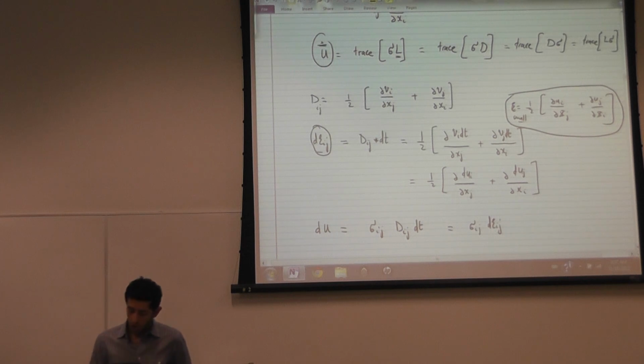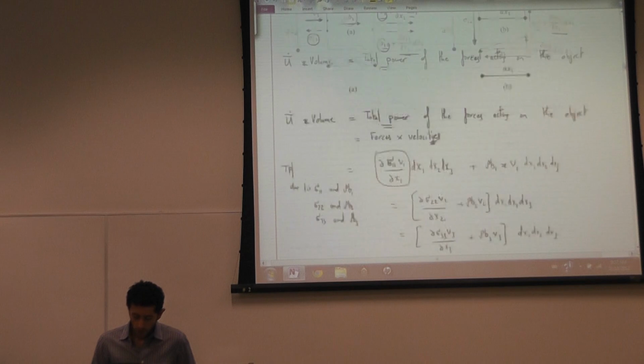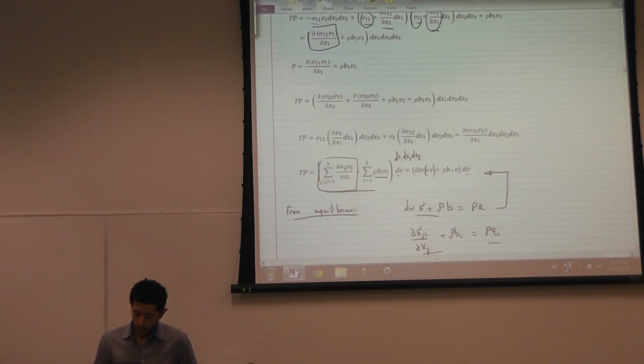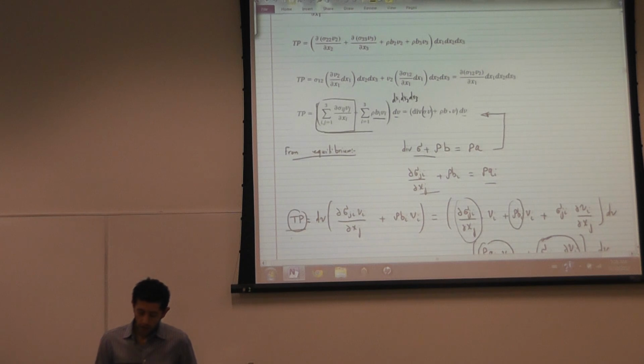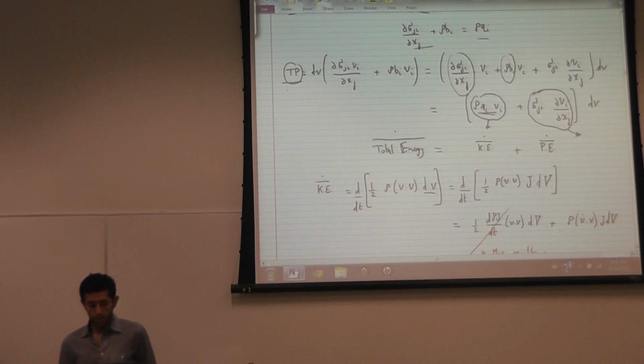That the internal energy... so let's just go back and see what we started from. We found the total power acting on this object, and we utilized a lot of formula manipulations to show that the total power is equal to two quantities.